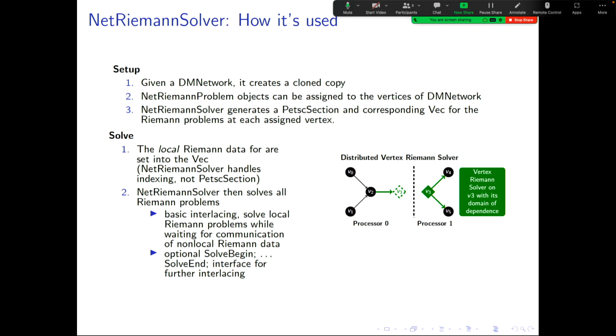And the network Riemann solver will then generate a PETSc section and a corresponding global vec to be able to store and handle all of these Riemann problems at once. Hence, I'm going to be doing poor man's batching. And then, when I actually want to solve, I just set the local Riemann data into this big global vec.